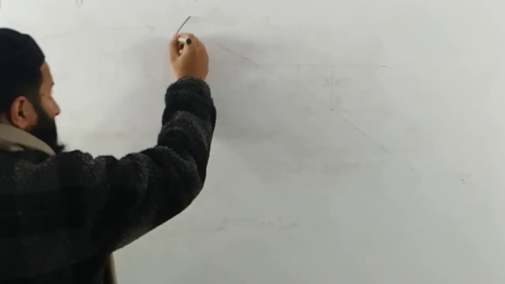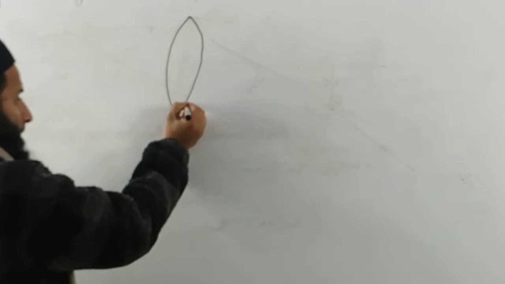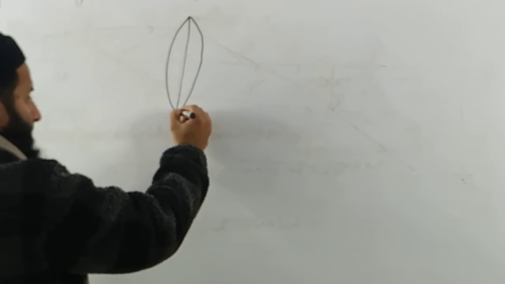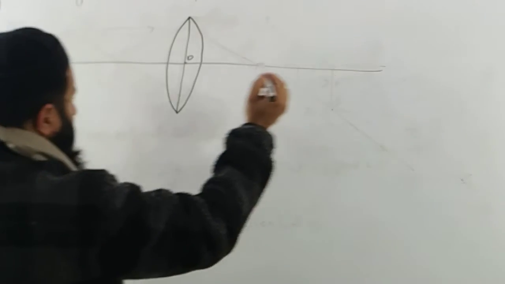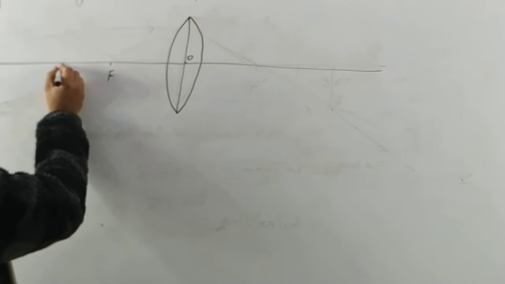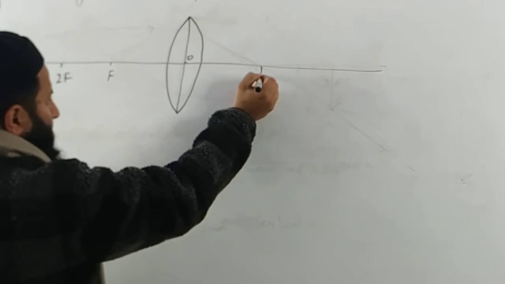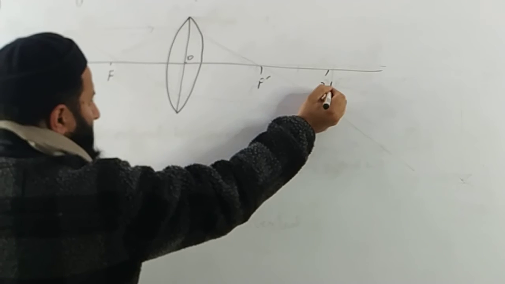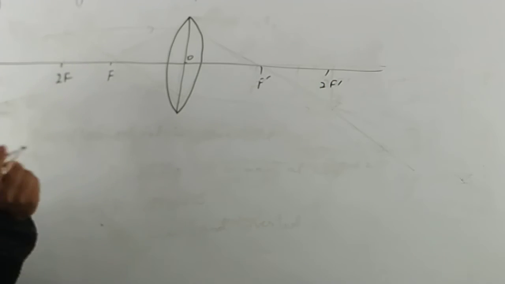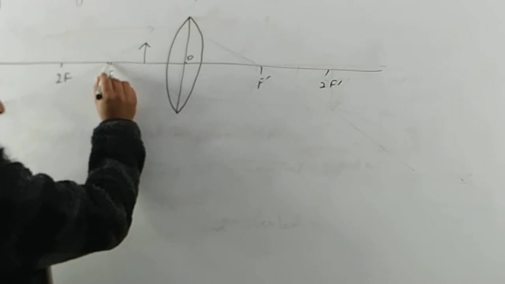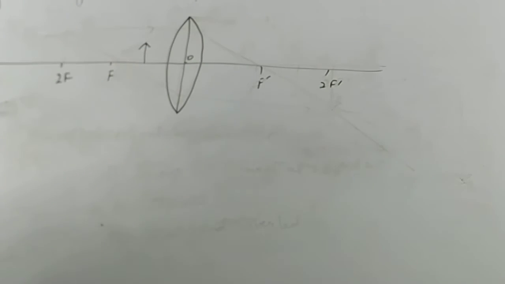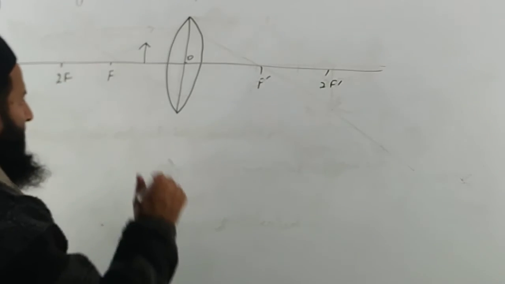Now this is an exceptional case, if the object is placed between F and O. It is between focus and optical center. What happens?